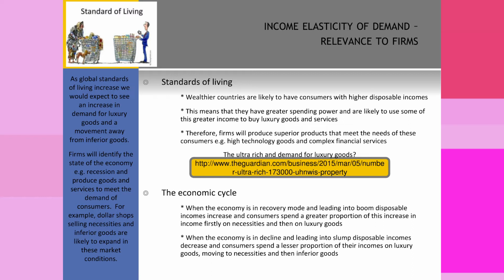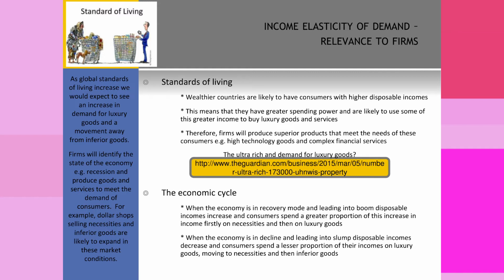Okay, looking at the economic cycle now. When the economy is in recovery mode and leading into a boom, this is when GDP increases and total output increases, disposable income is also going to increase and consumers will spend more.